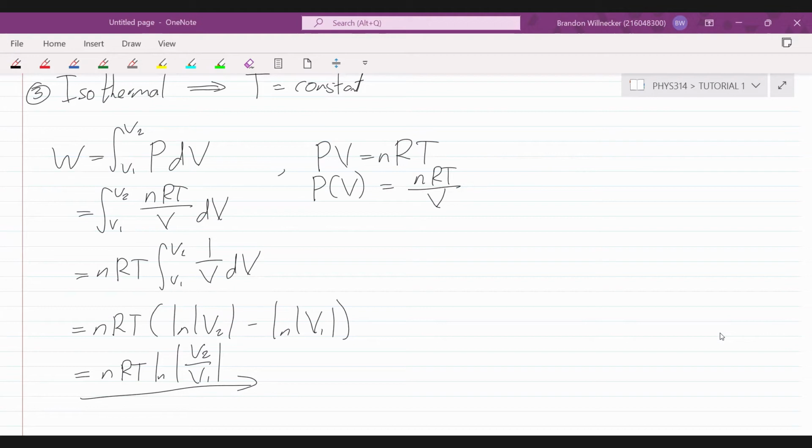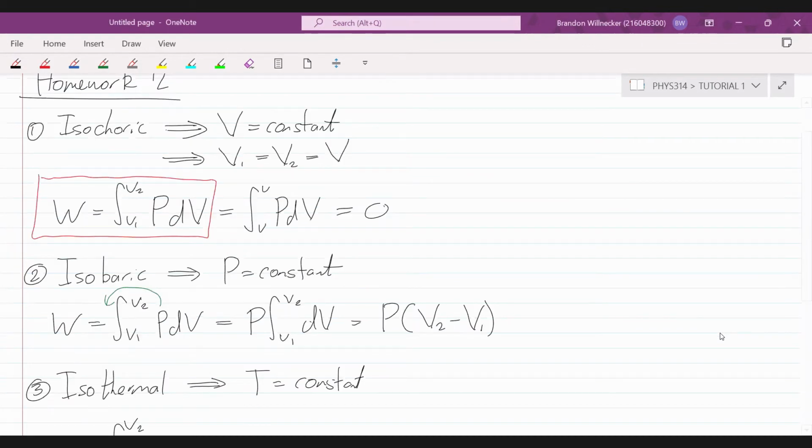Okay, any questions on these 3 processes? Okay, then there was an extra bit asking why the 3 paths were unique. So remember, work done is a process function, and so I should have specified a path.